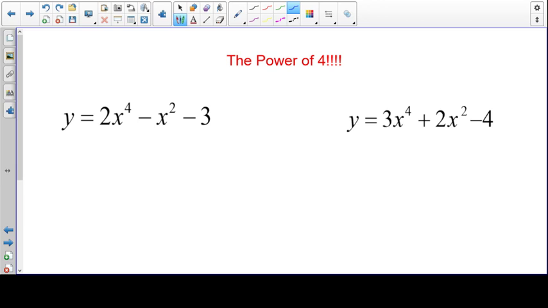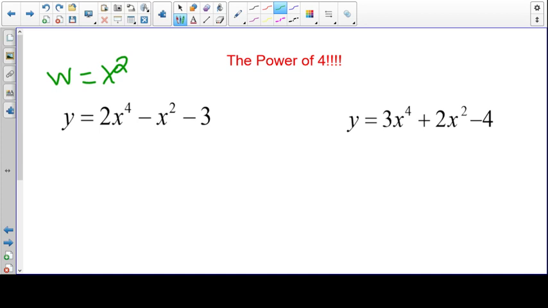Alright, so in this case, we see a fourth power, which we're not used to, but we do not see a cubed power. So what we're going to do is let w equal x squared. I'm introducing a new variable. We're doing what's called substitution.